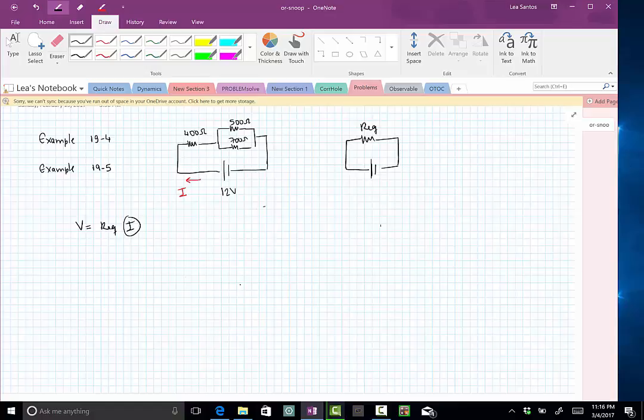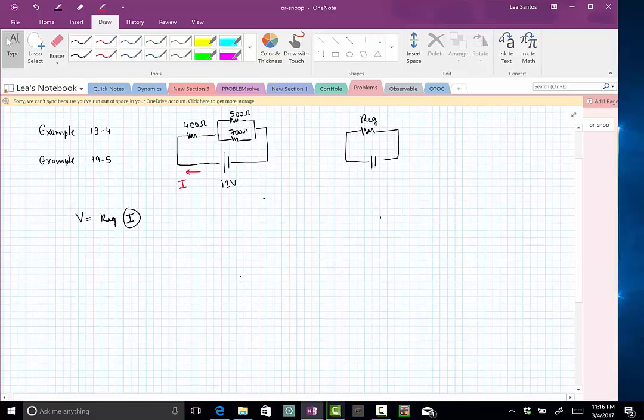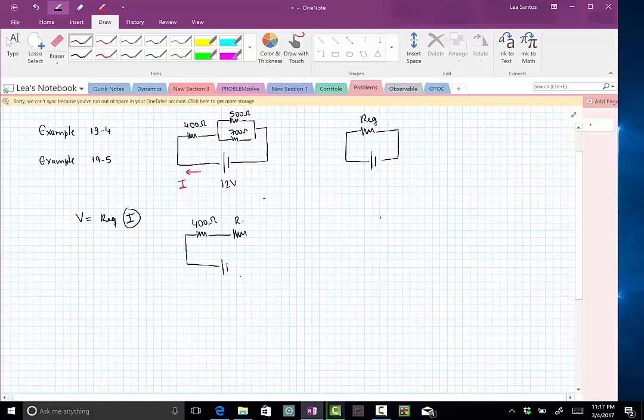So the first thing that I'm going to do is try to simplify this circuit with the first resistance that I'm able to find. I'm going to eliminate this resistance in parallel. So here I have the 400, and now instead of that drawing with the parallel, I'm going to substitute it with a single resistance for that parallel piece, the piece that involves the 500 ohms and the 700 ohms.